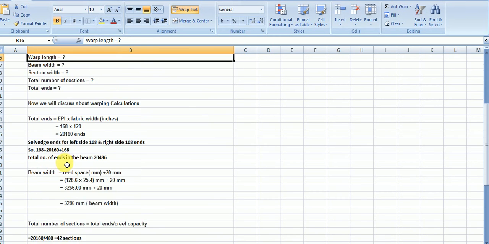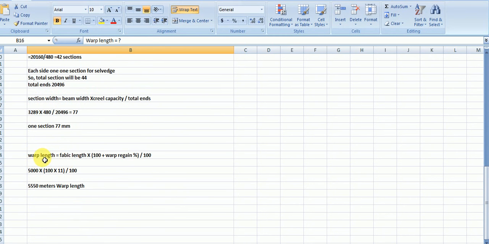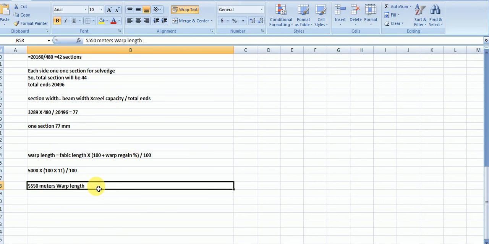So we just have to calculate the warp length here. I want the warping length, so I calculate fabric length multiplied by 100 plus warp regain percentage, divided by 100. We get the warp length we have to make on the warping.